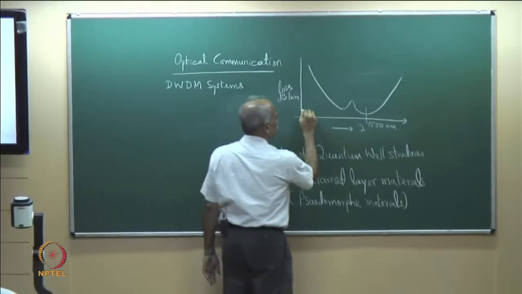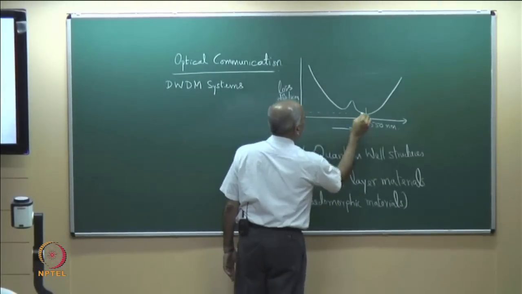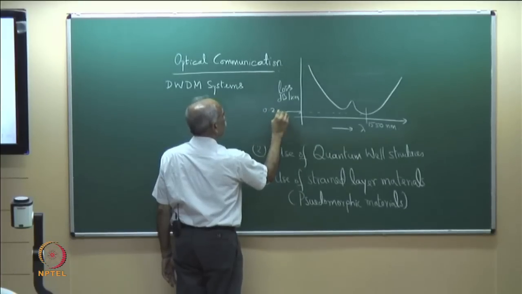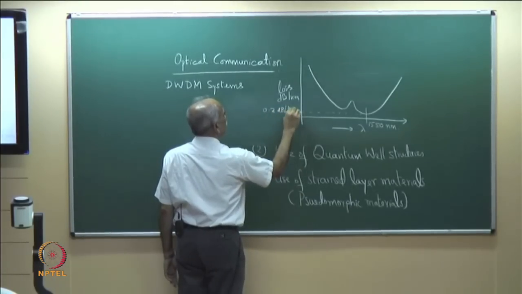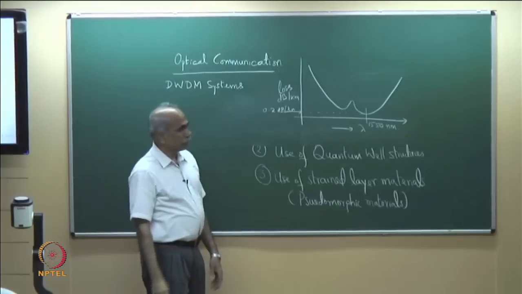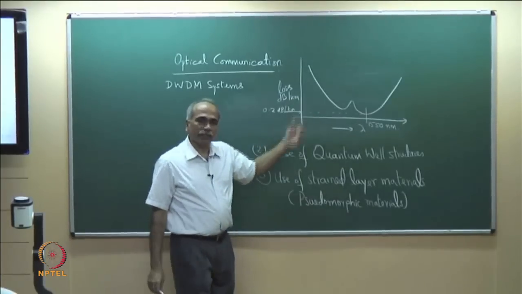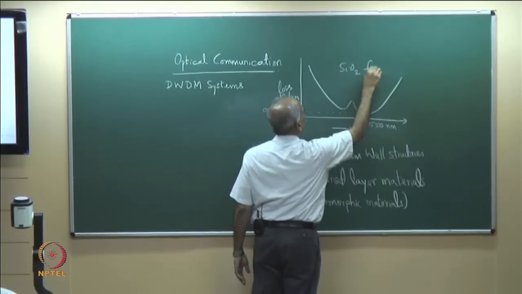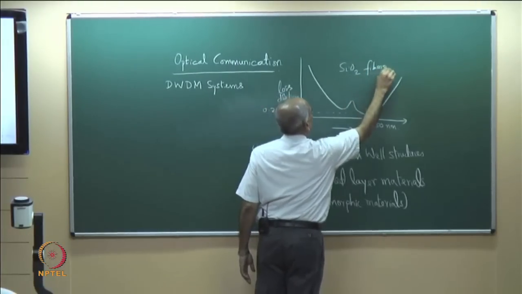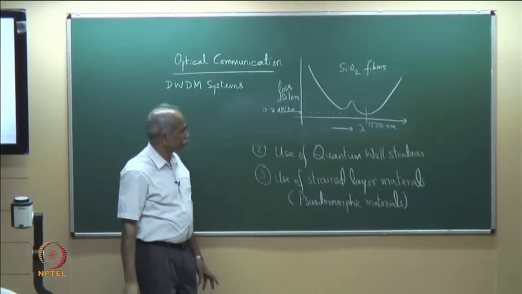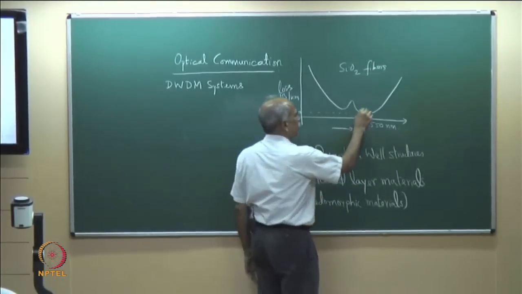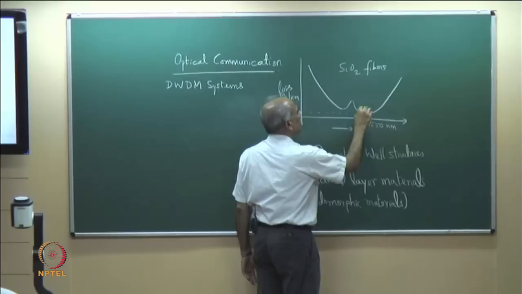The loss here is approximately 0.2 dB per kilometer. What I have plotted is the attenuation spectrum of silica fiber, SiO2 based optical fibers, which are used for communication. So, in this low loss window, one can put a large number of wavelengths.